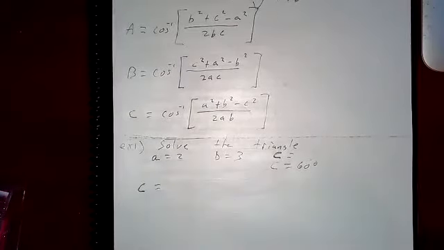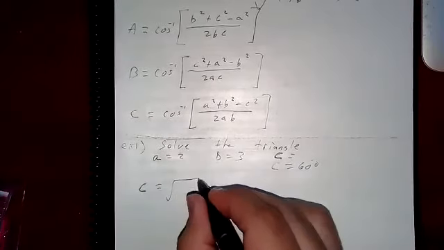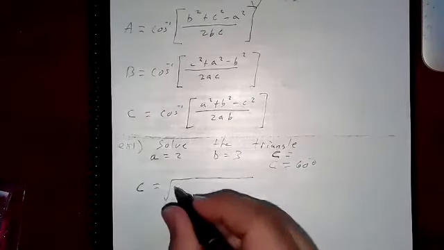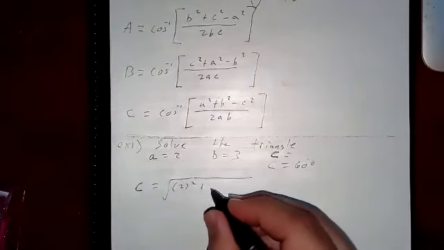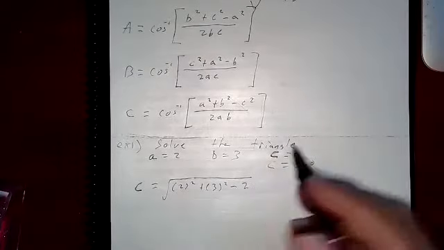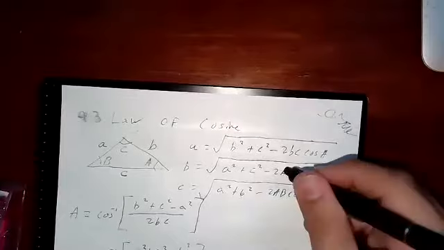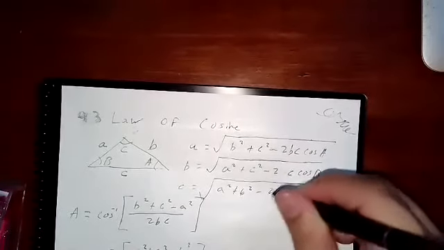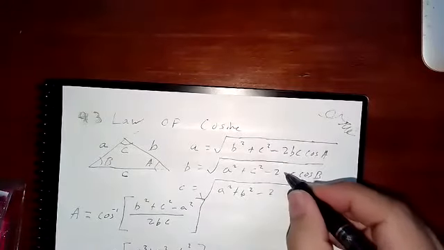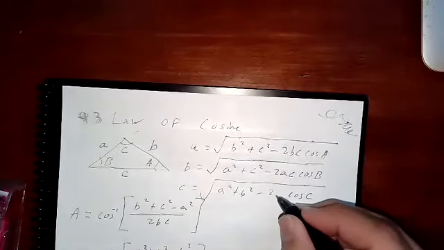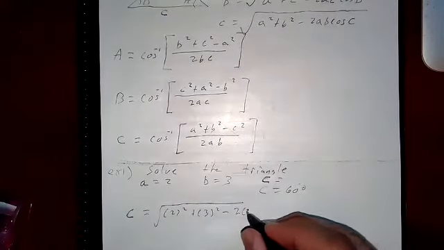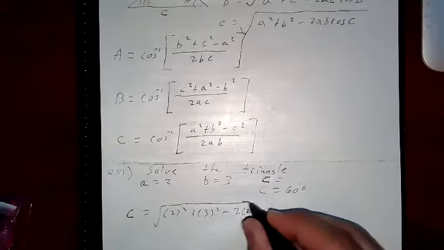All right, so that will be the square root of a squared plus b squared, so that'll be 2 squared plus 3 squared minus 2 times a times b. I probably should have used lowercase here so it's not confusing.